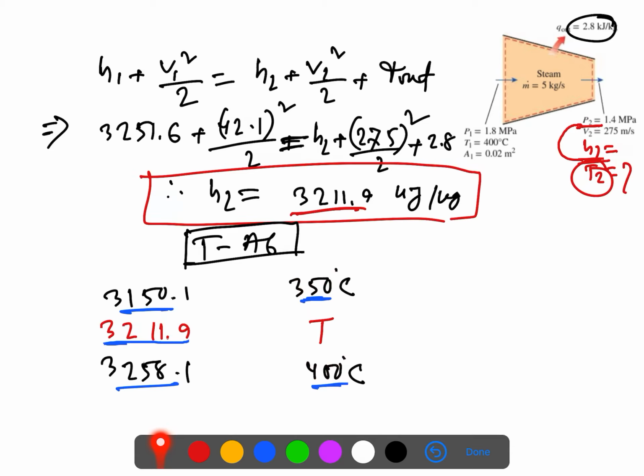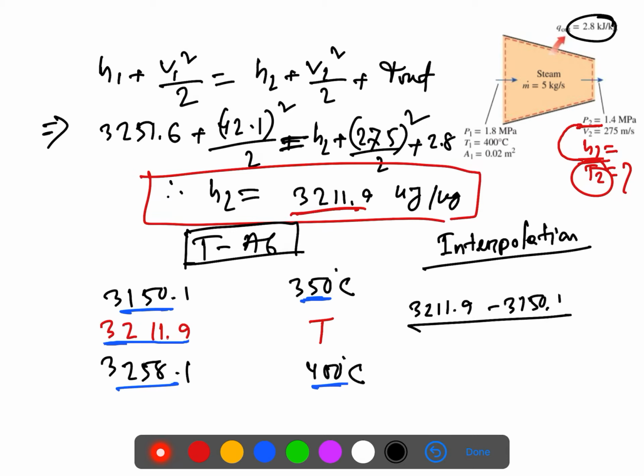So you know how to do the interpolations, but still I'm writing it here. It is a very simple formula. It is 3211.9 minus 3150.1 over 3258.1 minus 3150.1 equals, and what we did on the left hand side we do the same on the right hand side.